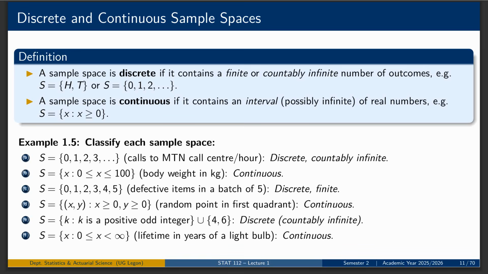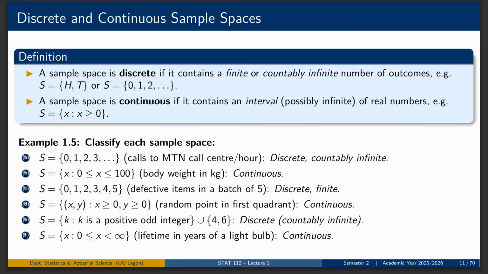X and Y, a random point in the first quadrant, X is greater than 0, Y is greater than 0. That's a continuous case. Then you have K. K is a positive odd integer union 4 and 6. This is discrete, but it is countably infinite, because remember, this is a union.